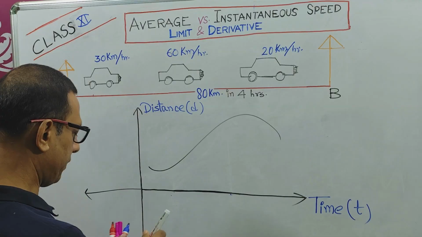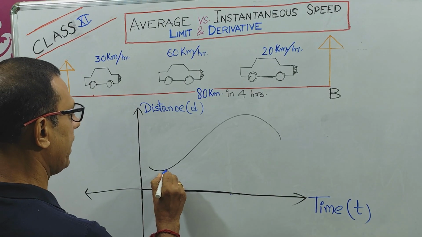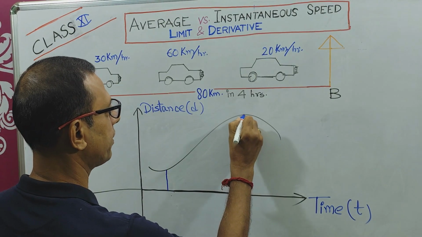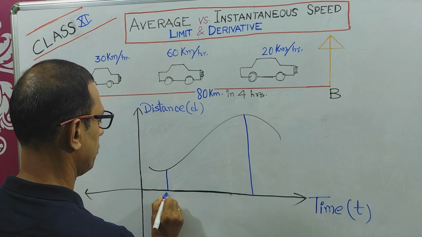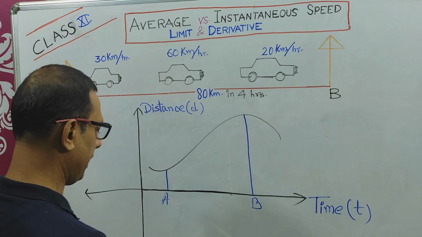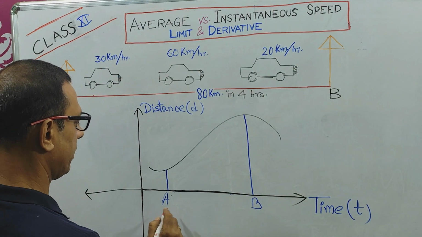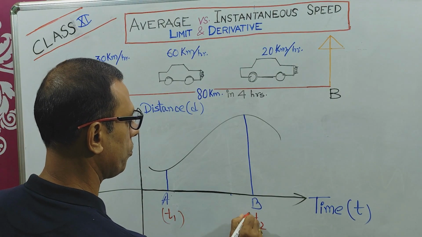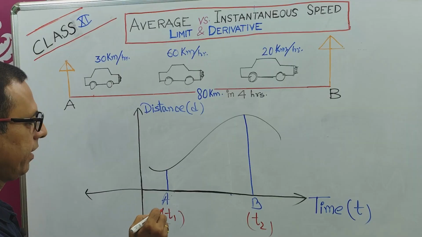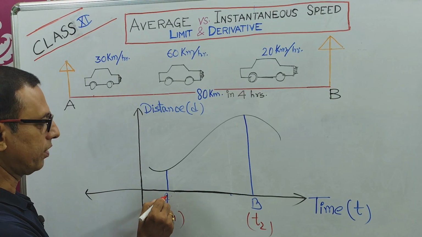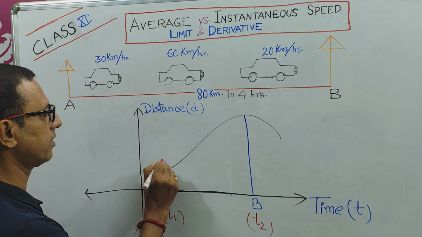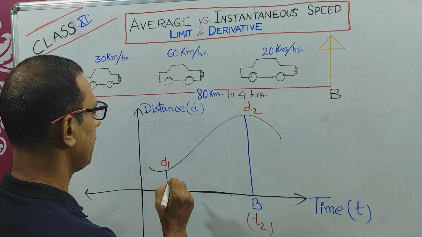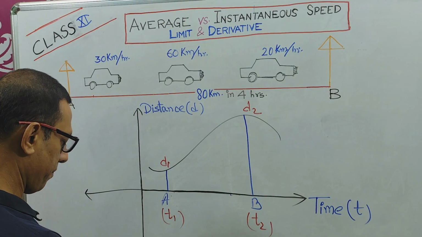Now there is a point A, and I am considering another point here, B. At point A the time is T1 and the distance is D1, and at point B the time is T2 and the distance is D2.